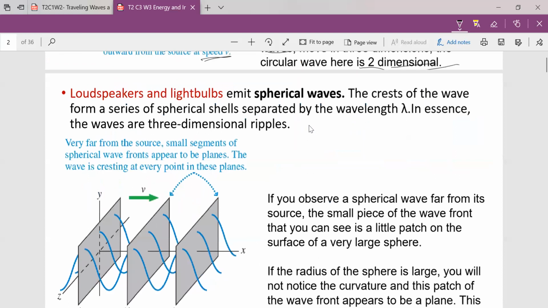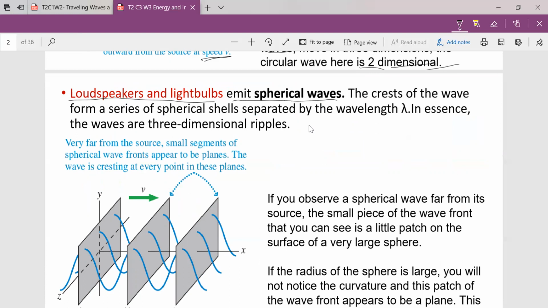Okay. So speaking about 3-dimensional wave motion, we want to look quickly at the light bulb, which actually emits a spherical wave. Remember, we're looking at the circular, spherical, and plane.